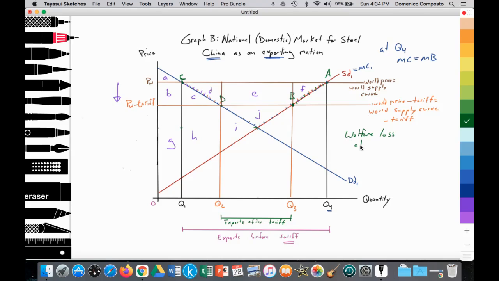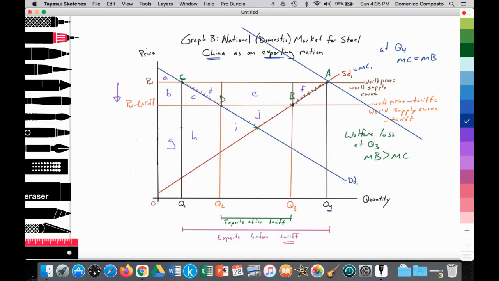We could say that at Q3, the marginal benefit by the United States demand curve is going to be greater than the marginal cost of production on the Chinese supply curve. So remember, I had that demand curve coming down here. I'll just illustrate that once again so we can see that idea. Here's the US demand curve. And remember that demand curve equals the marginal benefit.